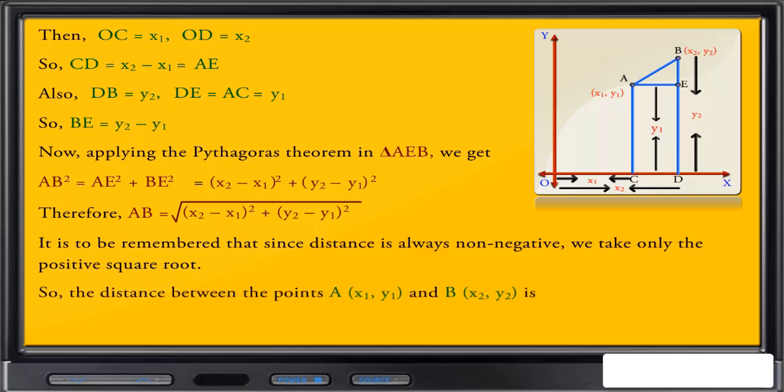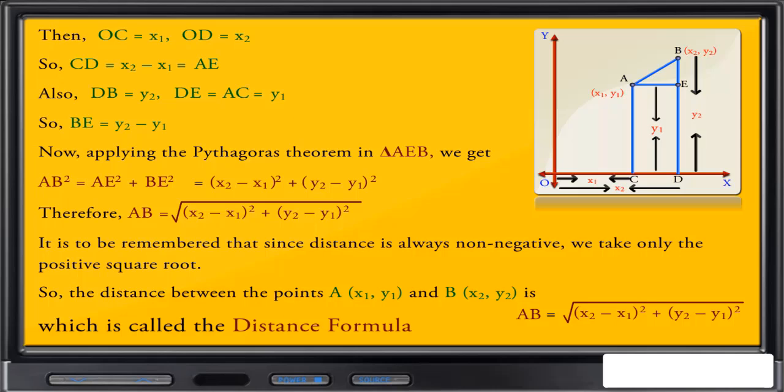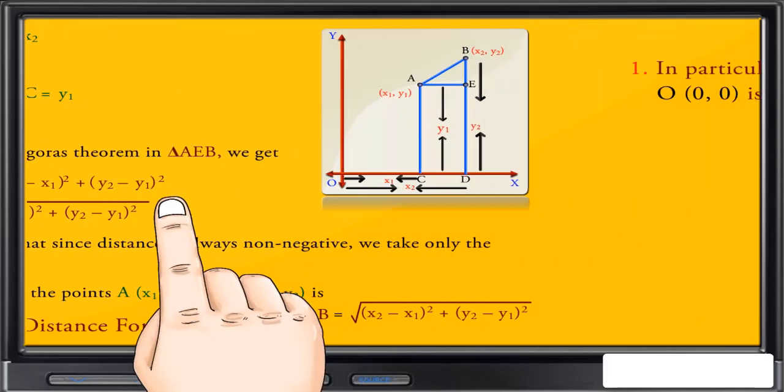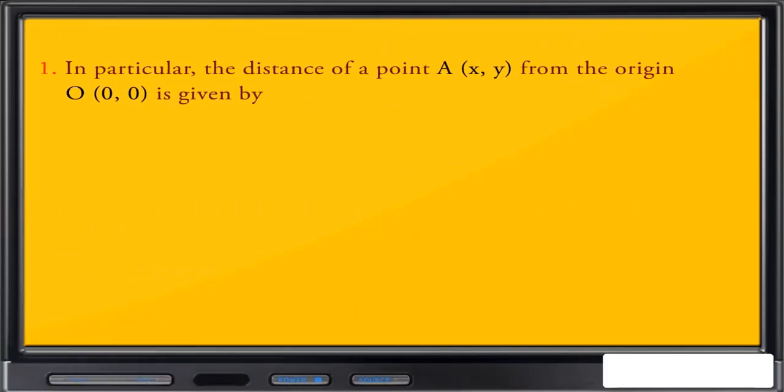So the distance between the points A and B is AB is equal to under root of (x2 minus x1) whole square plus (y2 minus y1) whole square, which is called the distance formula. The points to be remembered. 1.